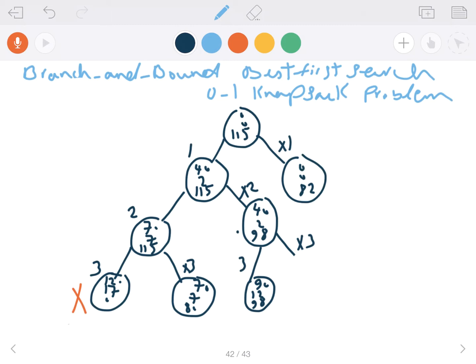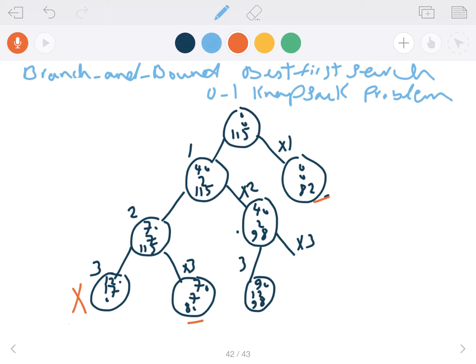Okay, so here as you see now, we are not going to expand the other two nodes that we have here, that is this one 82 and 80, because their bounds are 80 and 82, but we found a node whose profit is now more than the bound of the other two.